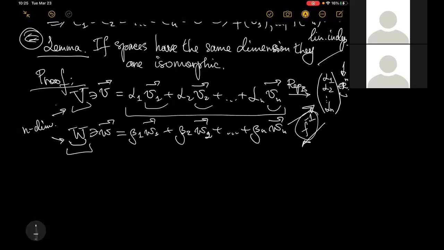Because they both isomorphic to Rn, so to column vectors, n-dimensional column vectors. That's it. So it means that two arbitrary vector spaces with the same dimension are isomorphic to each other. And I just gave a recipe how to create isomorphism between them.